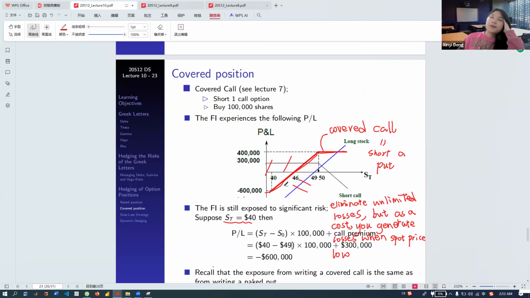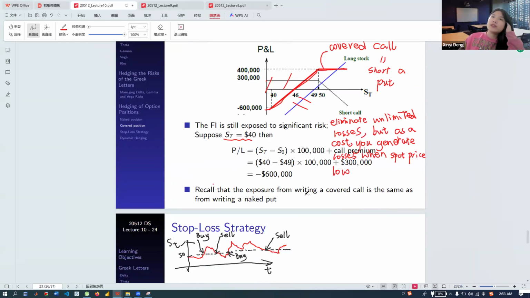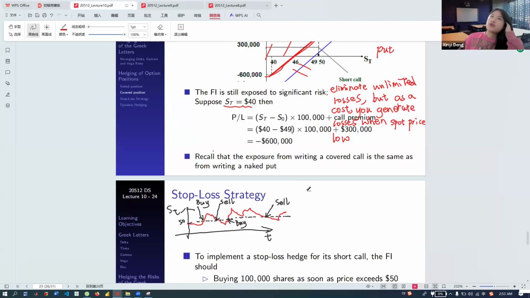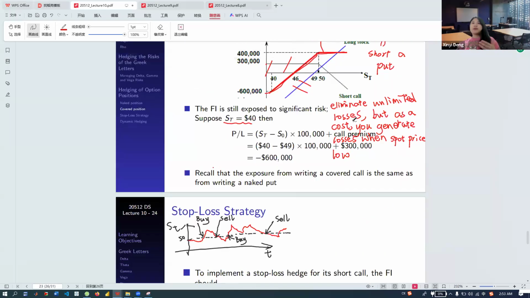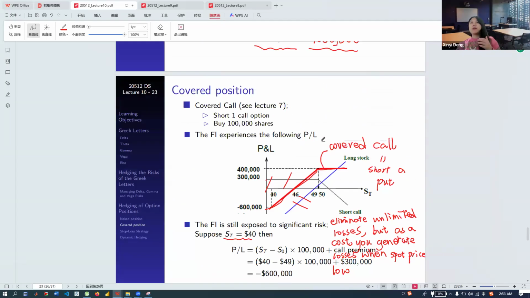Also, recall that for shorting the call, we actually expect to get profit when the price is low. But now we are even achieving losses when the price is extremely low. So we kind of already failed at our purpose, right?